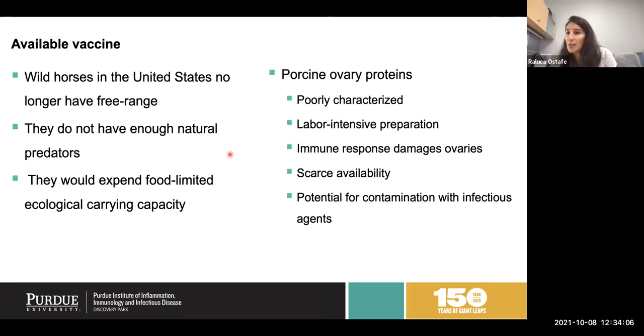It's labor intensive to prepare them. There is no batch to batch consistency. It's also quite difficult to obtain these ovaries from the slaughterhouses. And of course, by using material from other animals, you can potentially add contamination with infectious agents to the wild horse population, and you would want to avoid that.